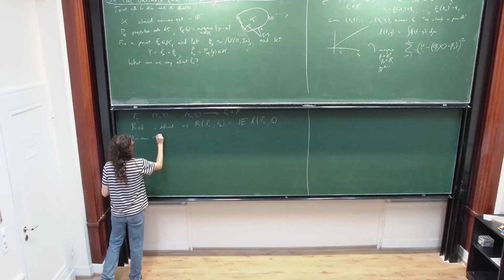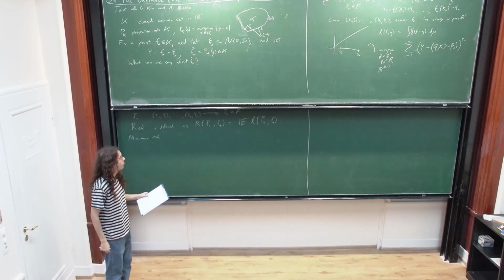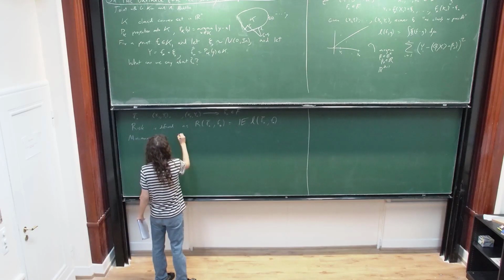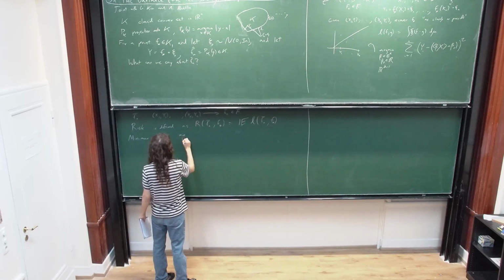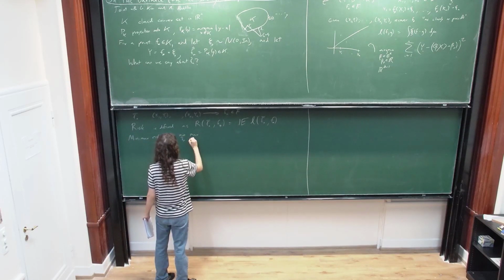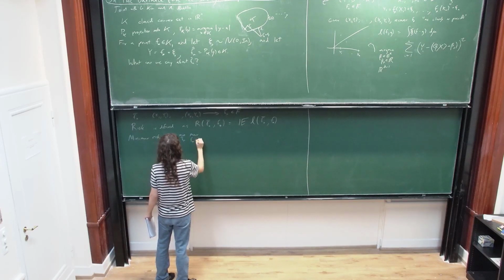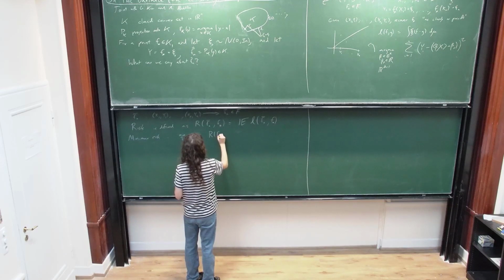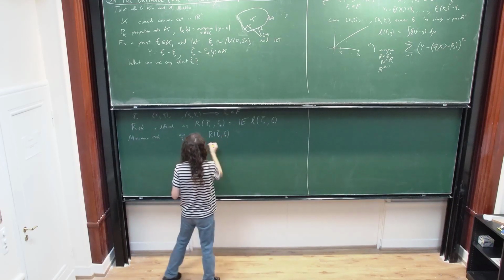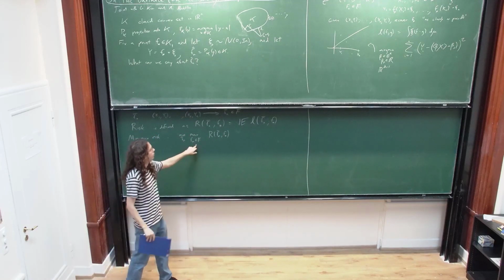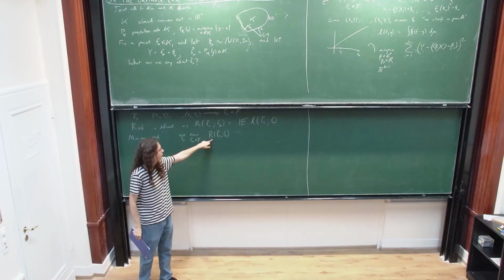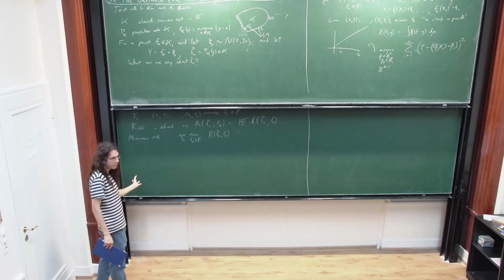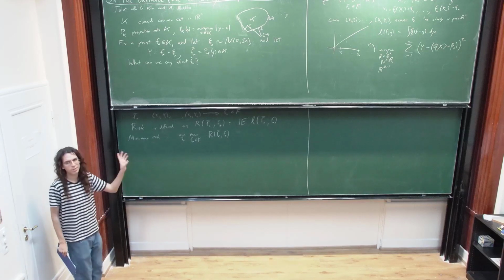Min-max risk is the risk of the best possible estimator with respect to this min-max measure: min over f hat_n, max over f star in F, of the risk of f hat_n and f star. Meaning this internal thing is the worst possible case, the function for which our estimator performs the worst. We'd like to find the estimator which has the best possible worst case performance.